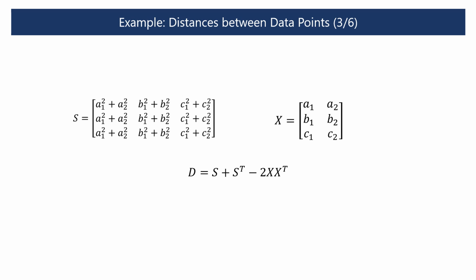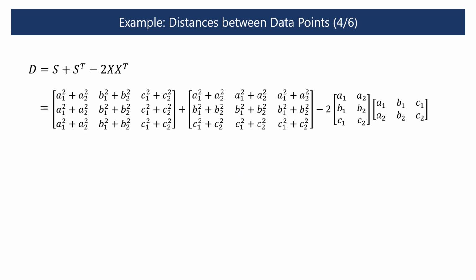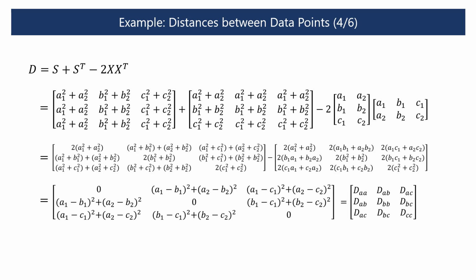Using this matrix and the original matrix X, we can create a distance matrix, which displays the Euclidean distance between each pair of data points. We can obtain the distance matrix using this formula. By plugging in each matrix and its transpose, we can implement matrix operations in this way. It is a little complex, but we can do it if we do it carefully. The resulting matrix is the distance matrix.